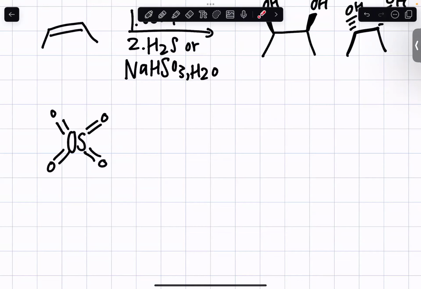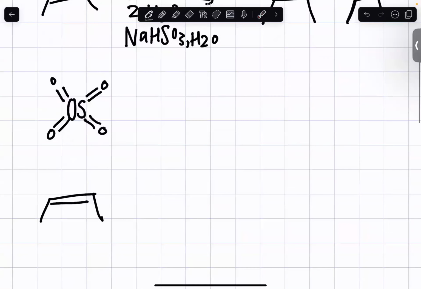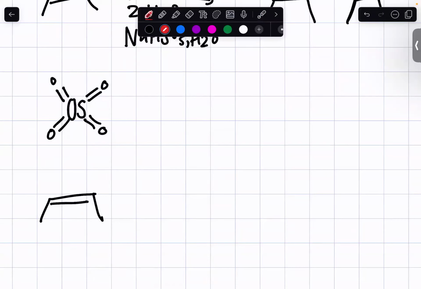It looks kind of weird because osmium has one, two, three, four, five, six, seven, eight bonds, but that's what OsO4 looks like. Now let's bring in our alkene, where one carbon of the alkene is going to attack one of the oxygens of the osmium. This double bond here is going to go onto that osmium right there.